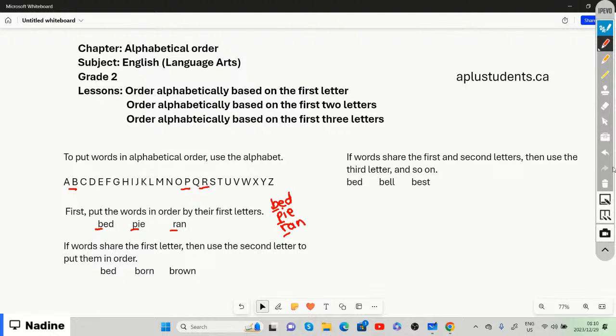But like I say, you need to know your alphabet in order for you to be able to put these words in alphabetical order.